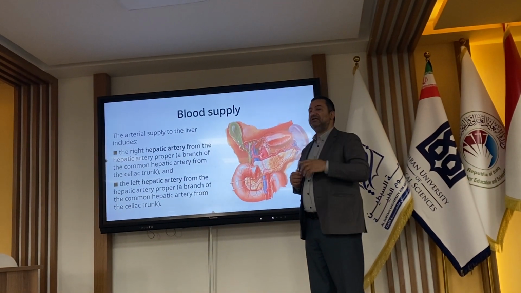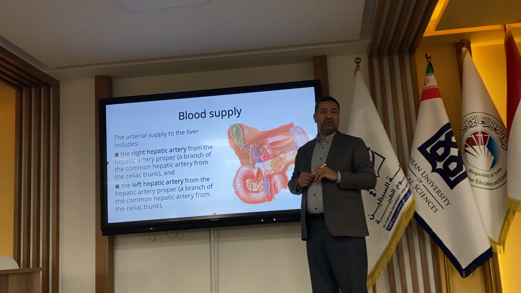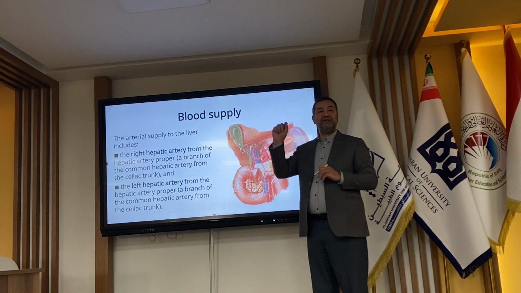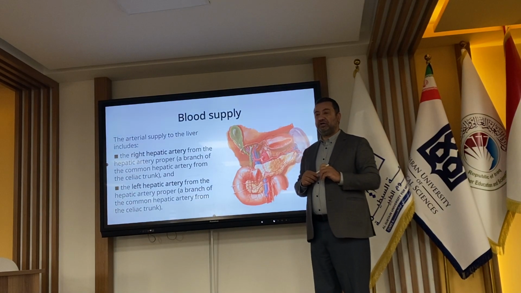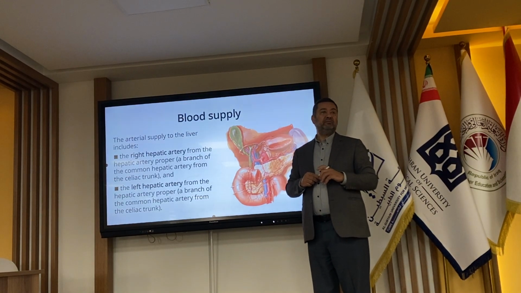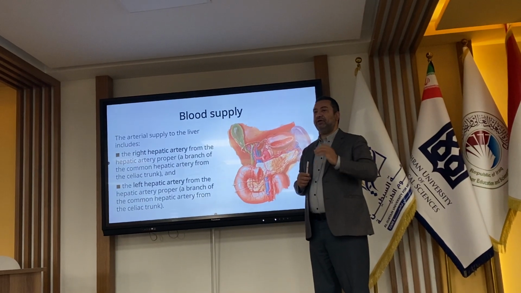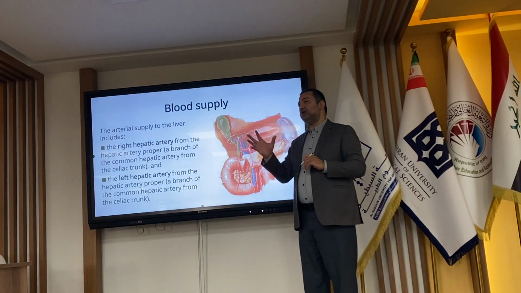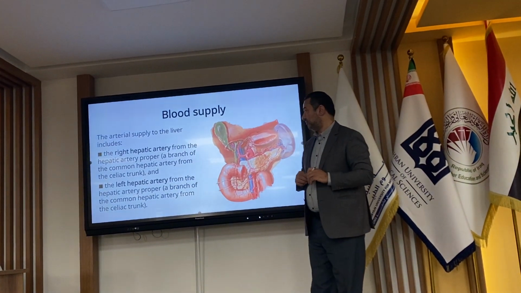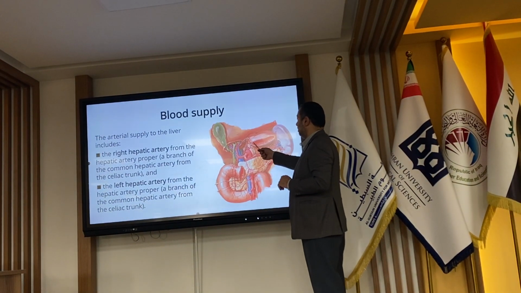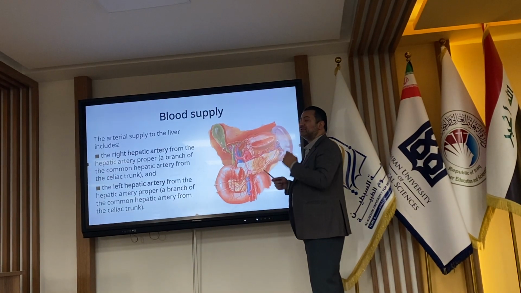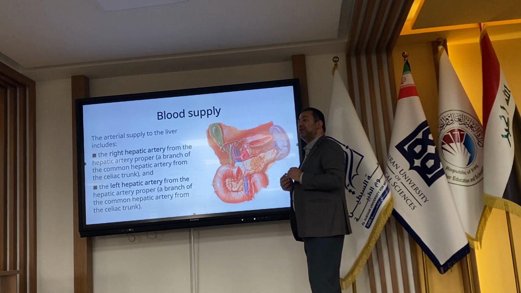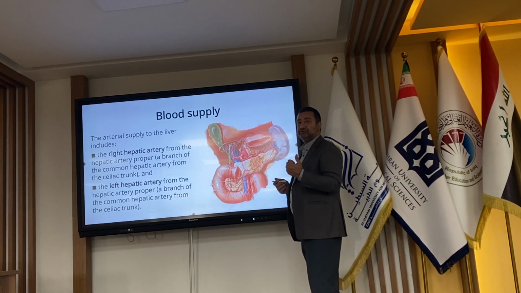Near the cardia of the stomach, it has a branch called cardioesophageal branch for blood supplying the inferior 1/3 of the esophagus and cardia area of the stomach. Left gastric artery has anastomosis with the right gastric artery.